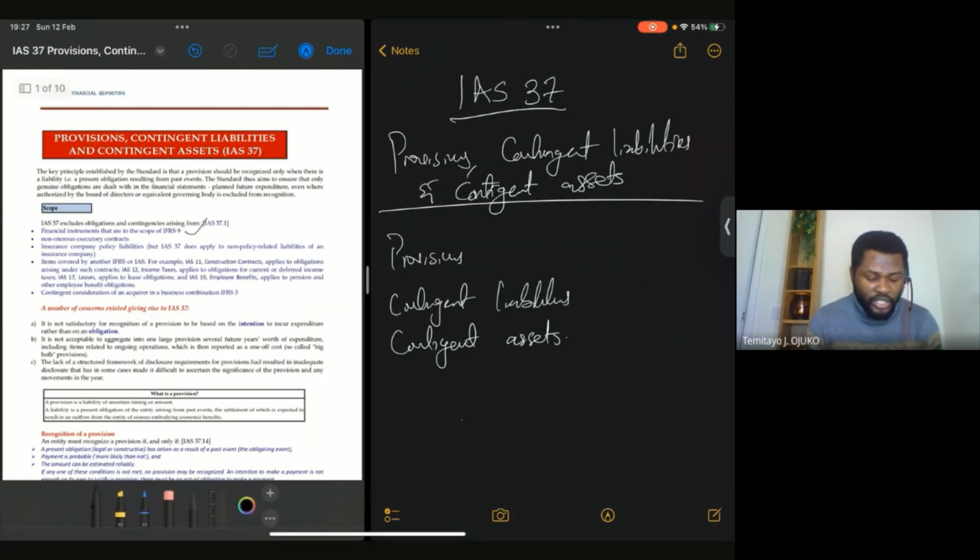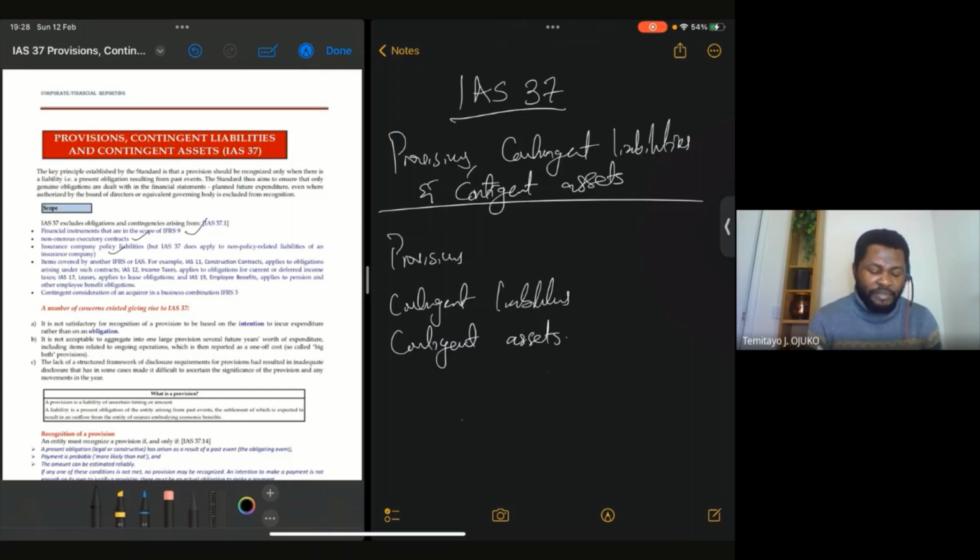Two, non-onerous and executory contracts. That's another one that is excluded from the scope of IAS 37. Three, insurance policy liabilities, but IAS 37 does apply to non-policy related liabilities, so please take note of that.